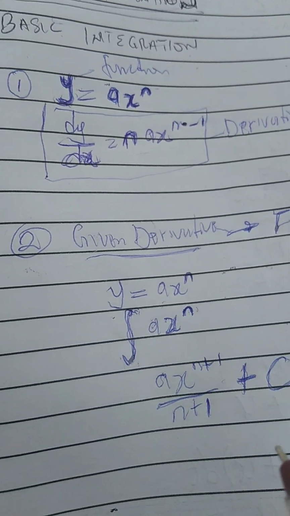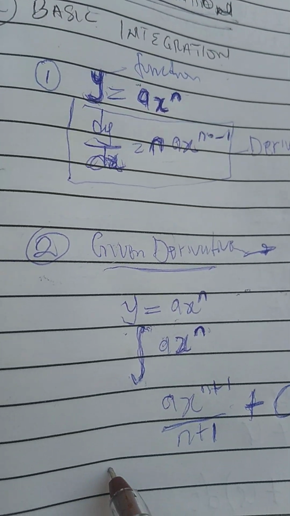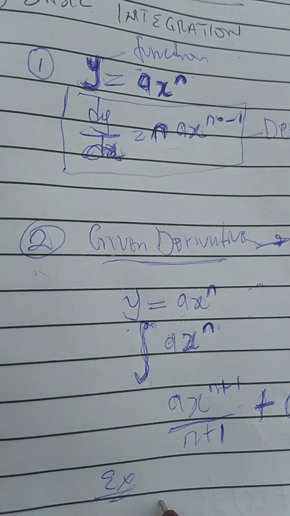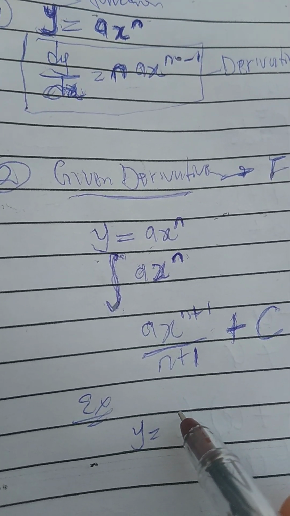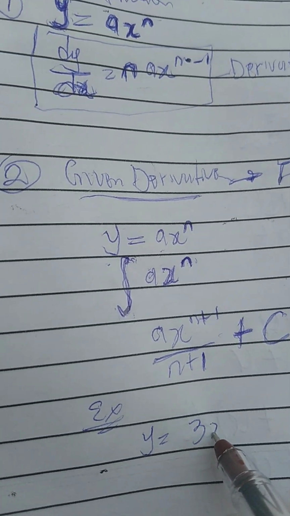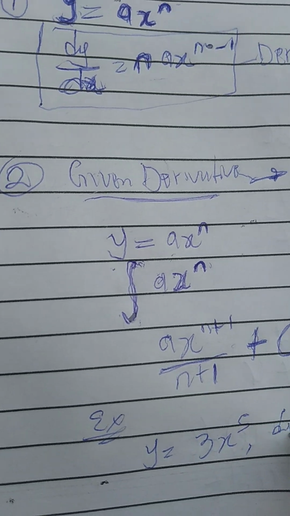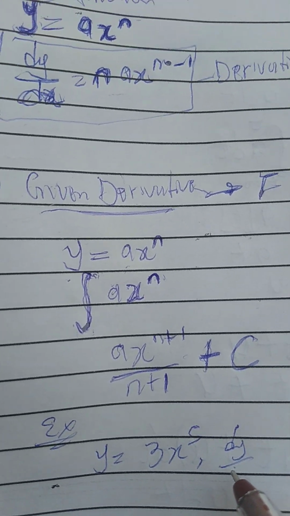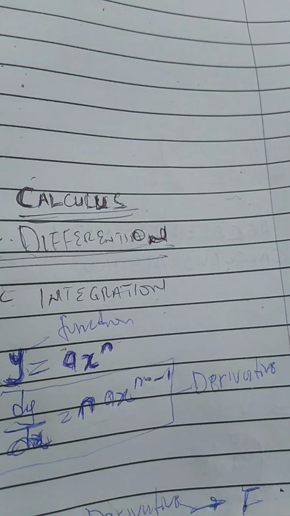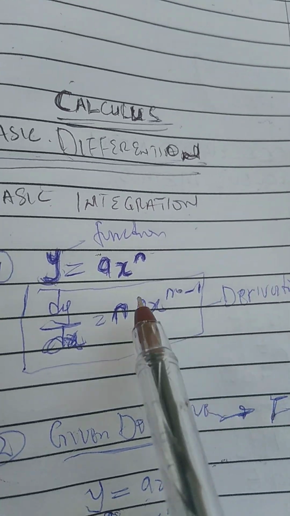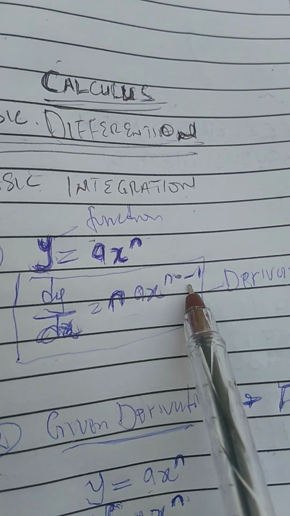Like for instance, let me just give two examples before we round up. You are given example 1. You are given the function y is equal to 3x raised to power 5. Then you are asked to find dy/dx. Like what I have told us initially, when you are finding dy/dx, we use the power to multiply, then we subtract 1 from the power.